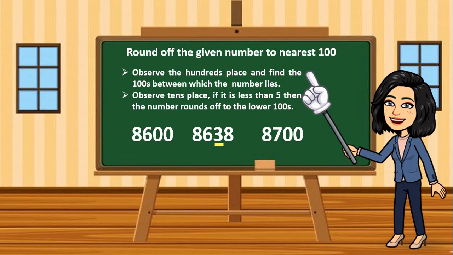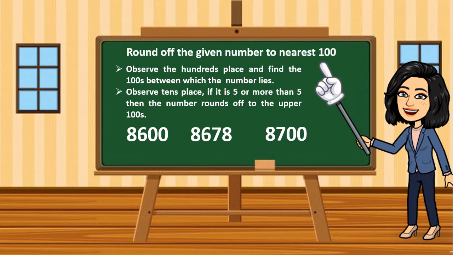If the tens place is less than 5, then the number rounds off to the lower hundred. And if the tens place of the number is 5 or greater than 5, then the number rounds off to the upper hundred, or you can say bigger hundred.